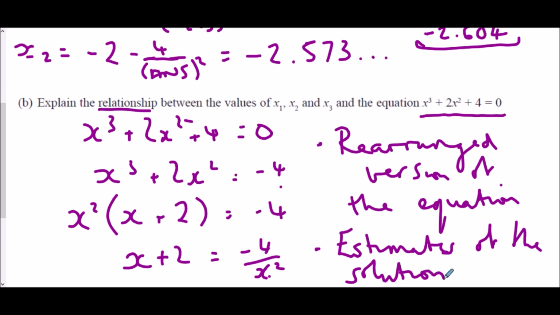And that's all that our iteration process actually does. It finds us estimates. Now they are improved estimates. As we keep working through each iteration, we improve those estimates. But those are the two relationships between x1, x2 and x3 and the original equation.